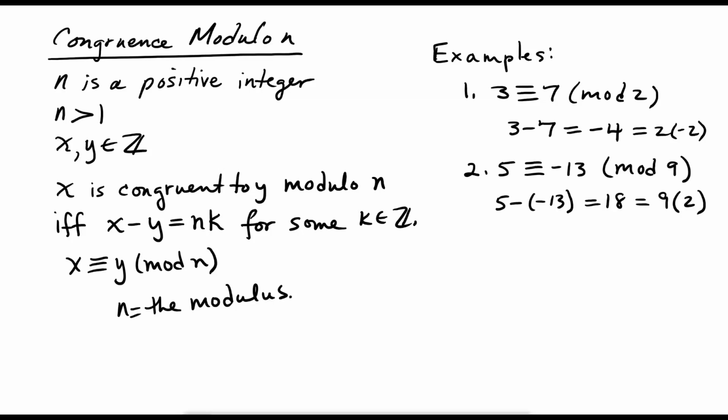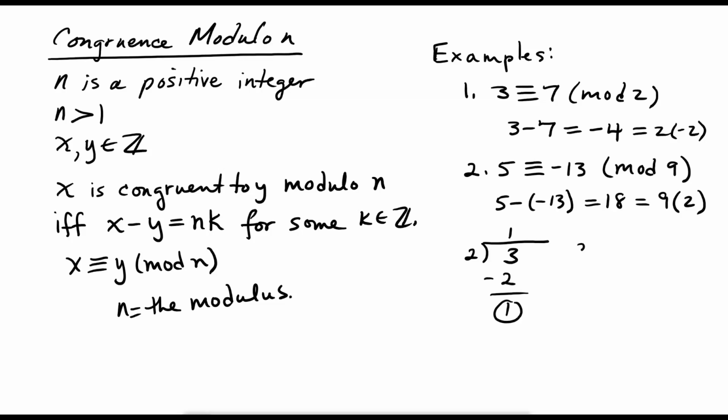Okay? Another way to look at congruent integers modulo n would be when you divide n into either one of the numbers, you'll get the same remainder. For example, in the first example, if I were to divide 2 into 3, 2 goes into 3 one time, and the remainder is 1.